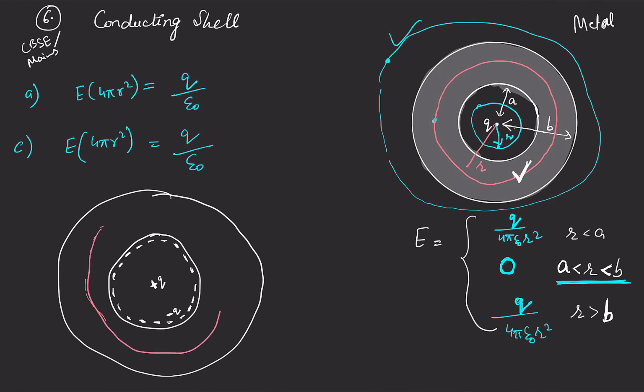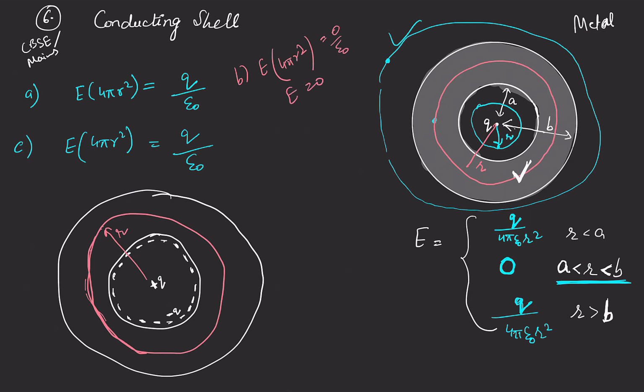Now if you construct any imaginary sphere inside this metallic region, the net charge enclosed would be 0. So for B, E into 4 pi r square is equal to 0 by epsilon naught, therefore E would be 0.